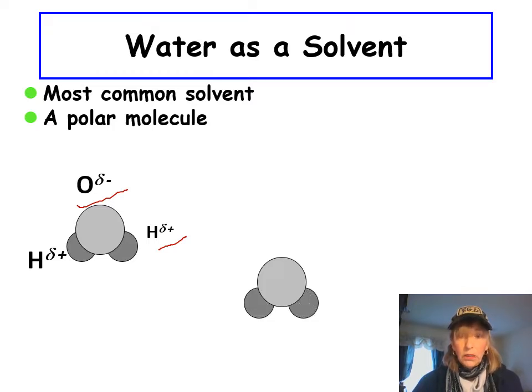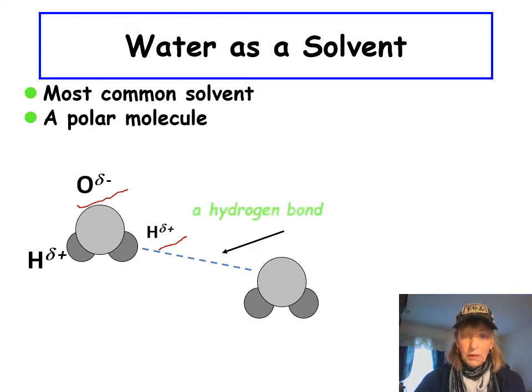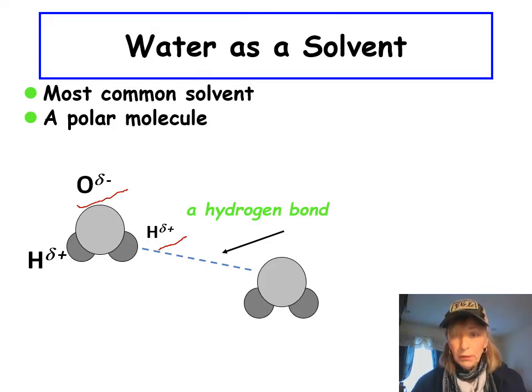Bring in another molecule of water with the same polarity, and because we have that hydrogen bonded to an oxygen, we have the capability for a hydrogen bond. If you don't remember what a hydrogen bond entails, go back to our previous chapter on covalent compounds and review.